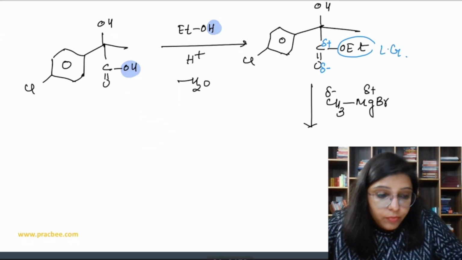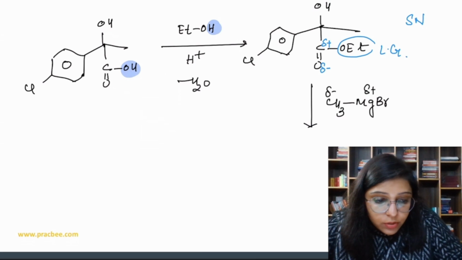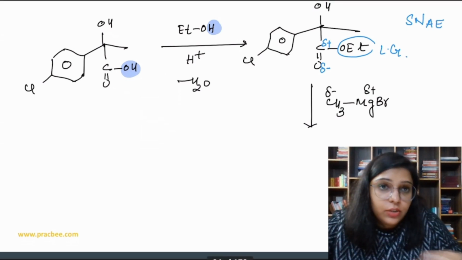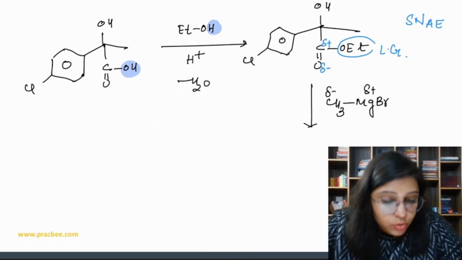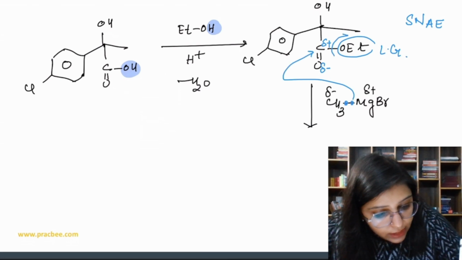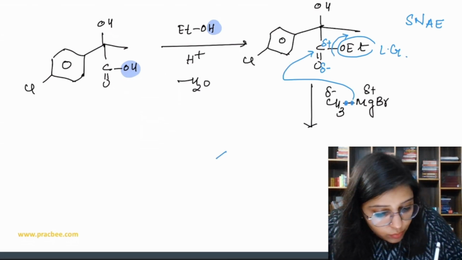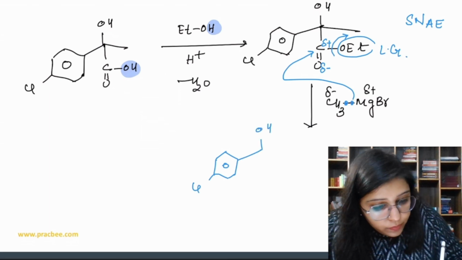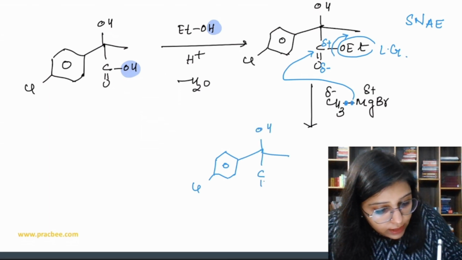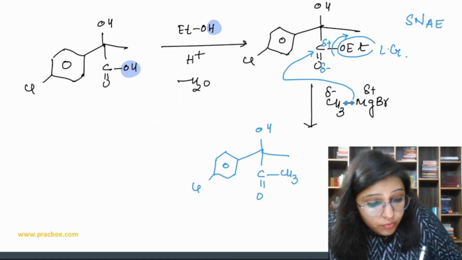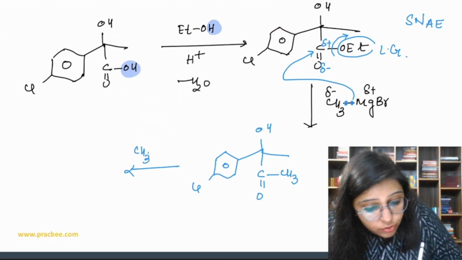So here we are going to do a nucleophilic substitution, addition-elimination reaction, or simply we can say substitution reaction. So the methyl group attacks on this carbon and OEt leaves. So we get Cl, OH, this, then C double bond O, CH3. Clear?